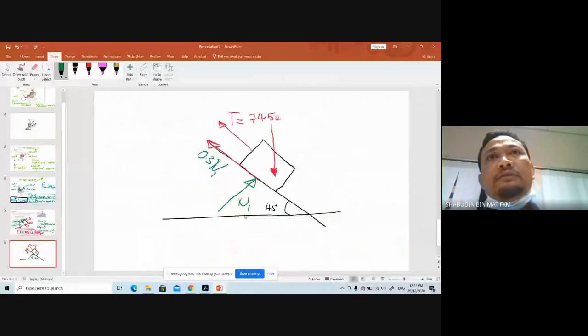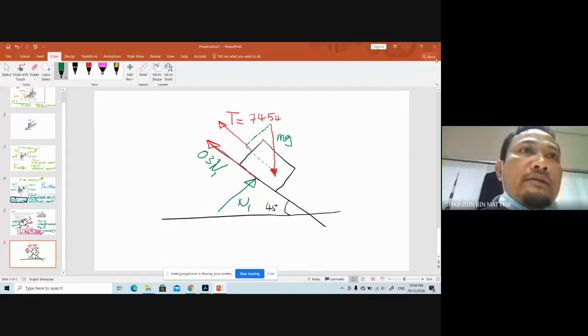Okay, you can then resolve the force in x and y first. That is the component of mg.